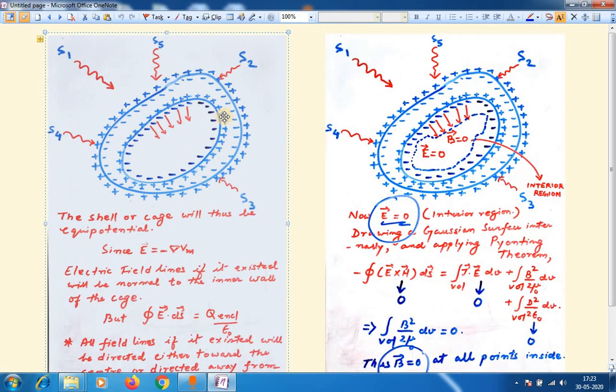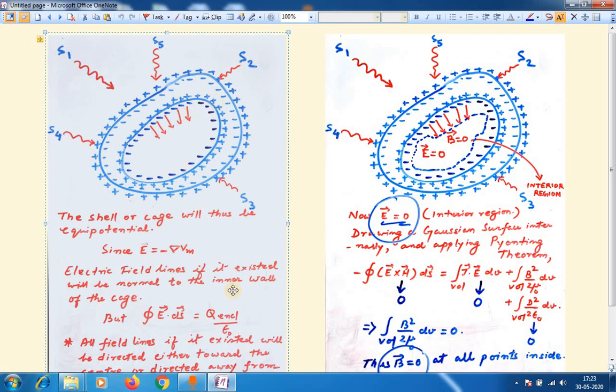More or less equipotential. So if you are using it in the form of a cage, then we are able to make it equipotential. And if you are using it in the form of a protective suit, then also the design is such that it is ensuring equipotential.